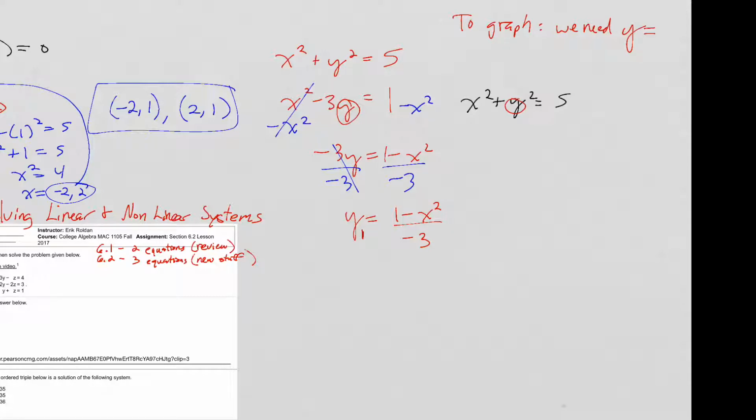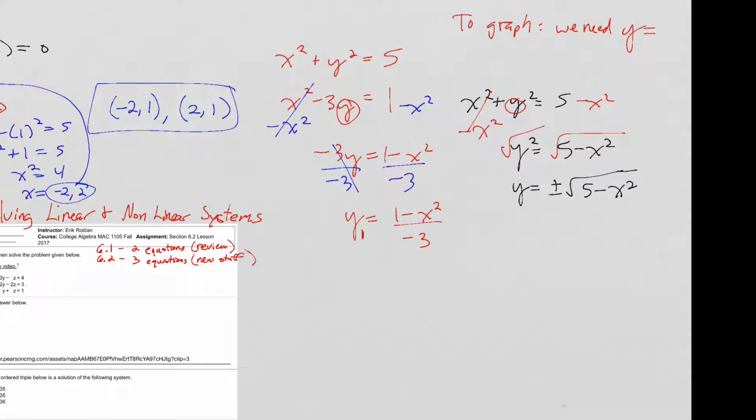And then the other one, we need to subtract the x squared, and then take the square root of both sides. And that's going to give us y equals plus or minus the square root of 5 minus x squared.